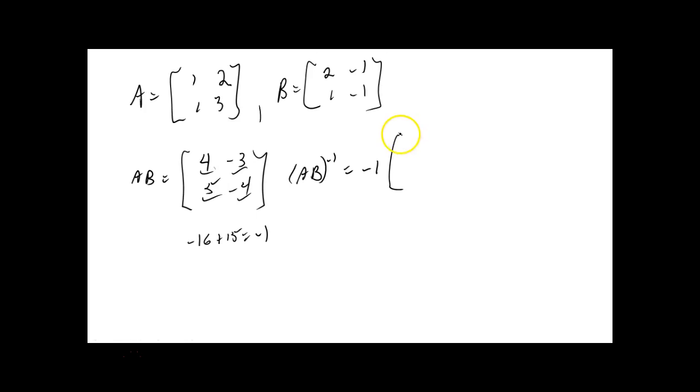You swap the main diagonal. Negative 4, 4 down there. Yes. And then you do what? Negate, so it's going to be 3, negative 5. Okay.